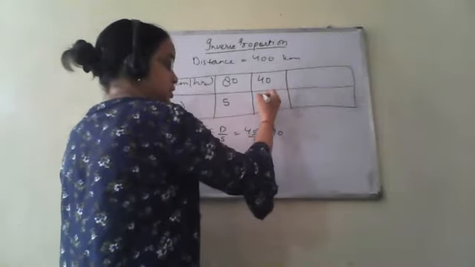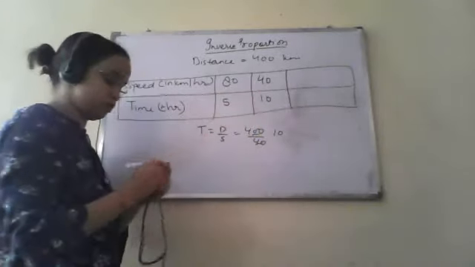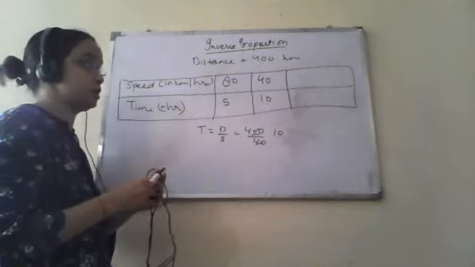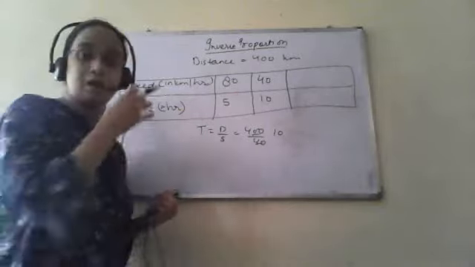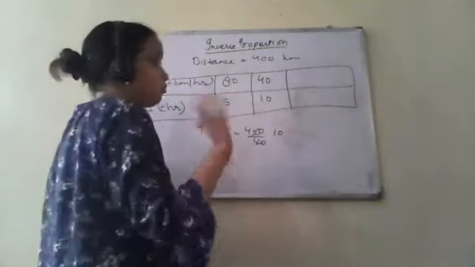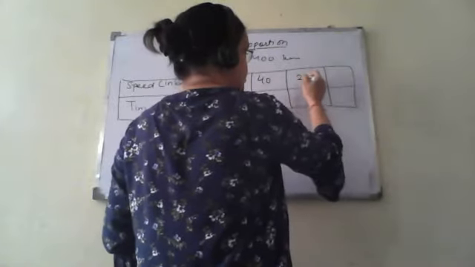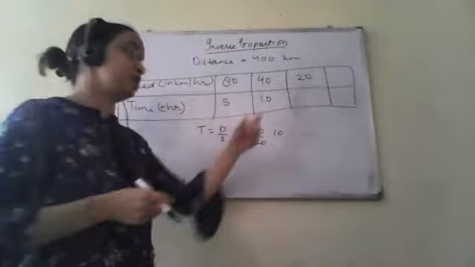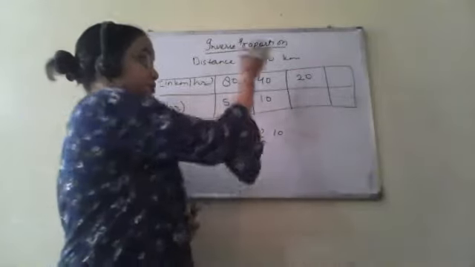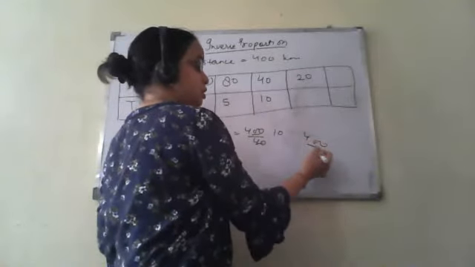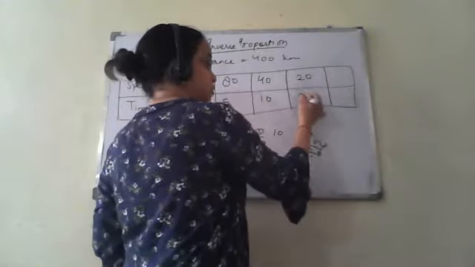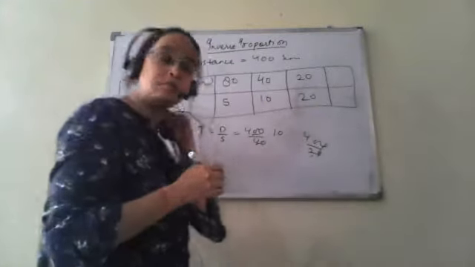So it is 10 hours. Further, if we reduce our speed to 20 kilometers per hour, time required will be 400 upon 20, that is we require 20 hours.